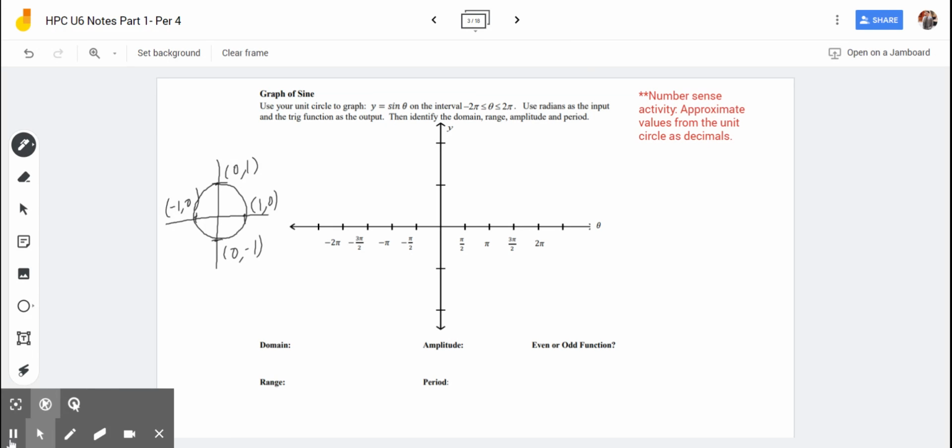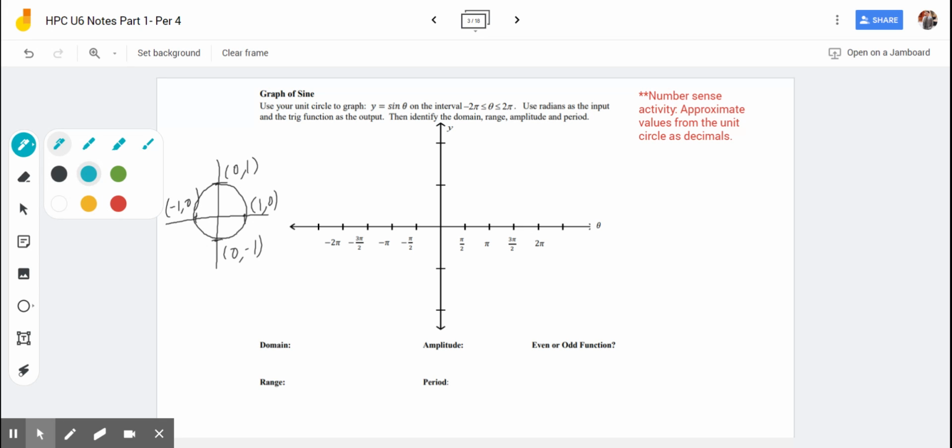Now we know these unit circle values in terms of radians. Our angle measures are going to be 0 radians, pi over 2, pi, where it's (-1, 0), and then at 3 pi over 2, we're at (0, -1). Remember, sine is the y coordinate for each of these values.